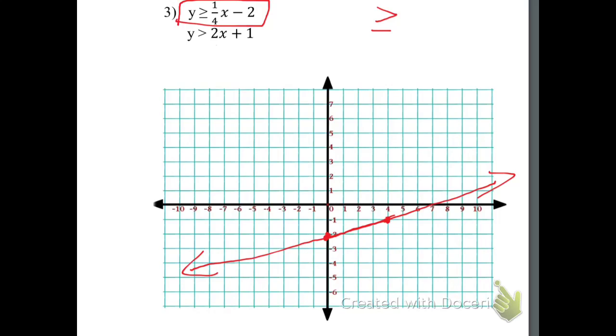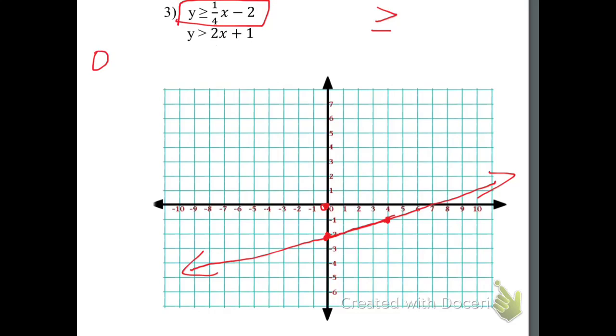And now we need to decide which side, above or below, gets shaded. If you're not sure, pick a point, something like 0, 0, and put it into the equation. If it gives you a true statement, you're going to shade that direction.